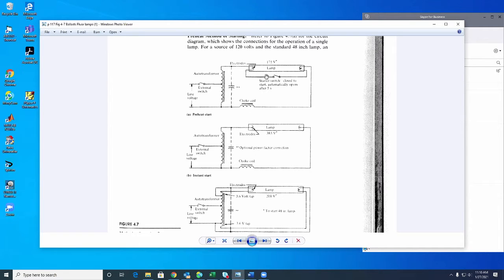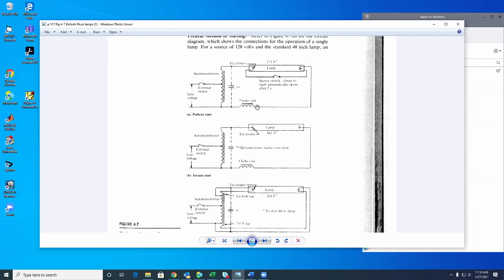And then after the filaments get hot, this switch will open automatically. Okay, in the bottom, there is no such switch. There are just windings, a few turns at the top for one of the filaments, and a few turns at the bottom for this other filament. Okay, so this is for fluorescent lamp.